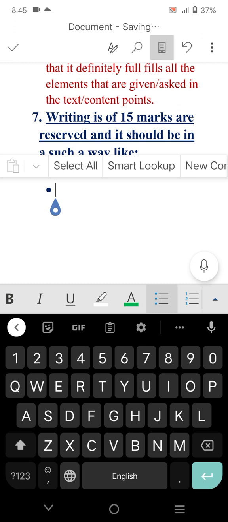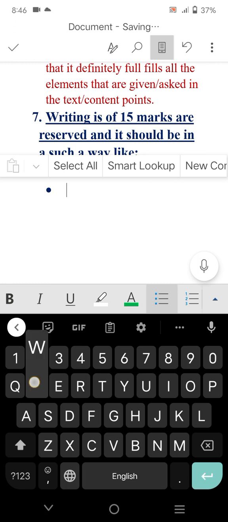There are several points to indicate that the writing of the 15 marks should be like this in order to secure essential marks as per the requirement of the CAIE examinations.